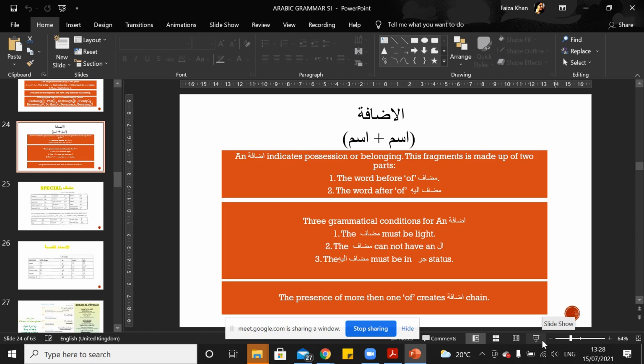Get it? Then I cannot say kitabun allahi because kitabun makes kitab heavy and we cannot have a heavy ism as mudaf. So there are two conditions for mudaf. Mudaf can be in any status, rafa, nasab or jar, but it cannot be heavy and it cannot have al on it. Understood?